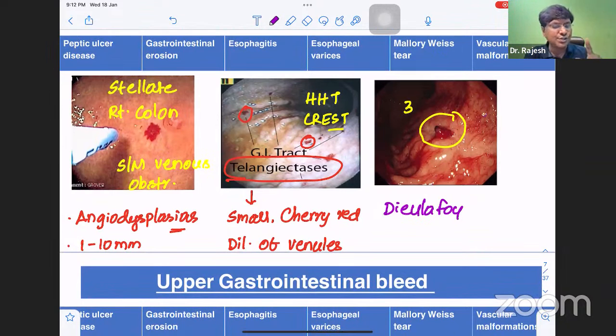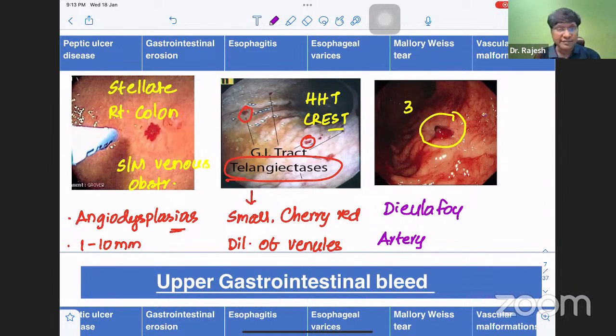What is Dieulafoy lesion? It is an aberrant, large caliber submucosal artery, most commonly in the proximal stomach, that causes recurrent intermittent bleeding.